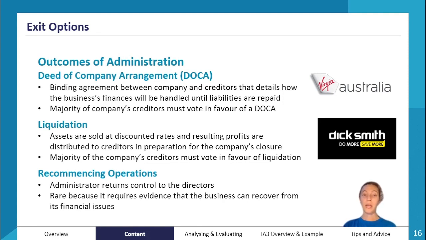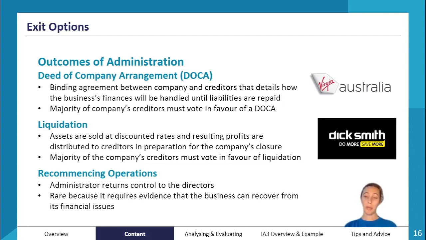So an agreement between the company and the creditors, the people who are owed the money, that details how the business's finances will be handled until those liabilities are repaid. A majority of the company's creditors must vote in favor of a deed of company arrangement. So it's that voting system to make sure that a majority of the creditors are satisfied with the decision that they've come to.